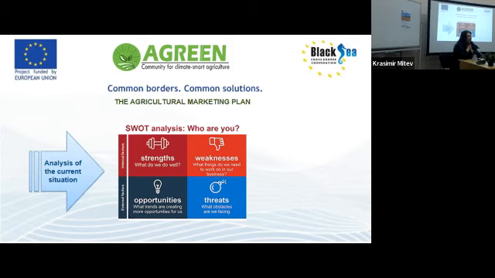So you can take the SWOT analysis from the financial plan, or you can first develop the SWOT analysis in the marketing plan and then transfer it to the financial plan. So you analyze the current situation, you see inside the company, the farm, what are our strong points and what are our weaknesses.